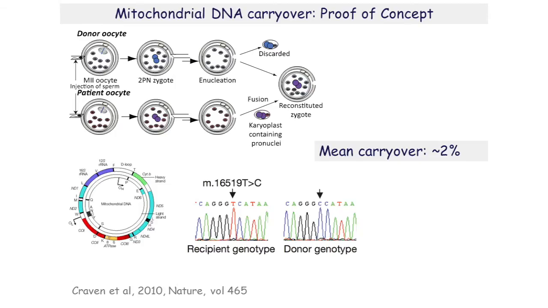Of course, the other important question here was to ask how much mitochondrial DNA was persisting in this karyoplast. Because if we're getting large amounts of mitochondrial DNA from the patients here, it's not going to be very effective as a treatment. You can distinguish between the two mitochondrial DNAs from the patient and the donor by identifying sequence variants in this D loop, this area of the mitochondrial genome that's highly variable.